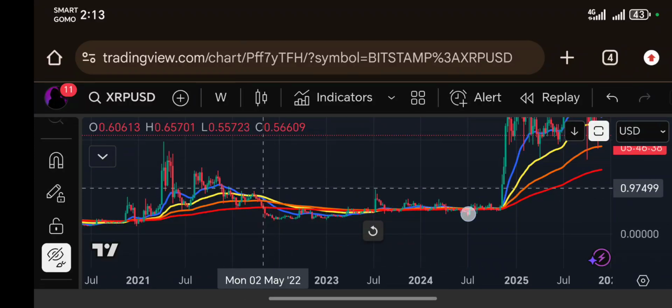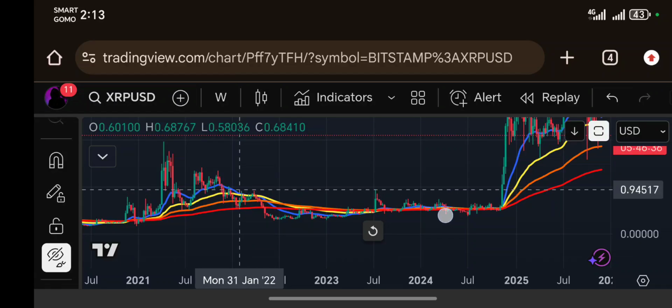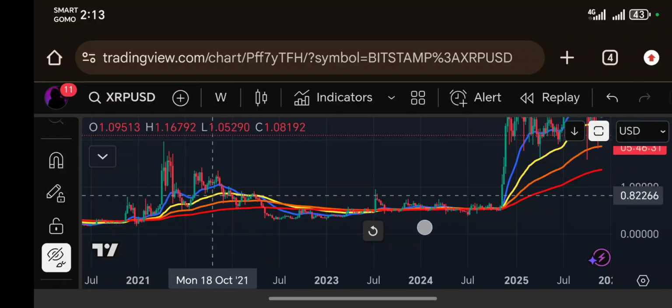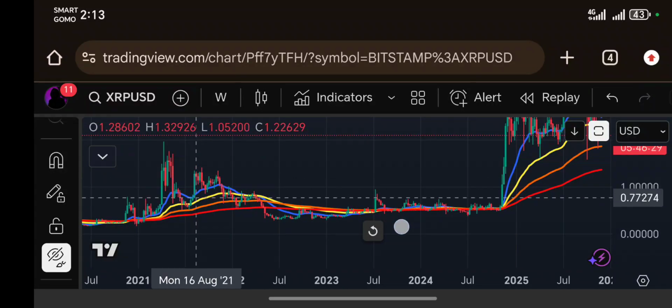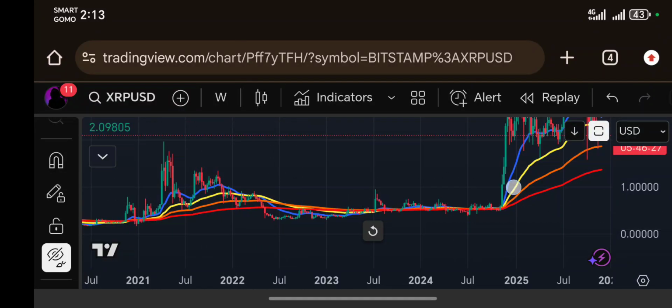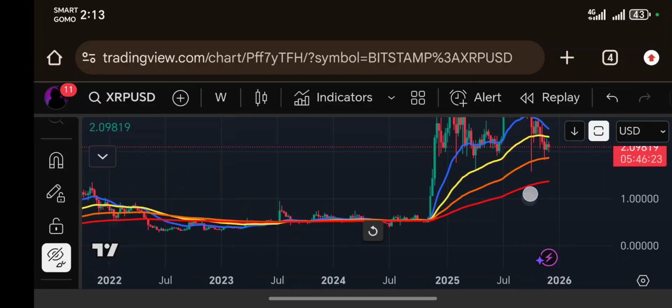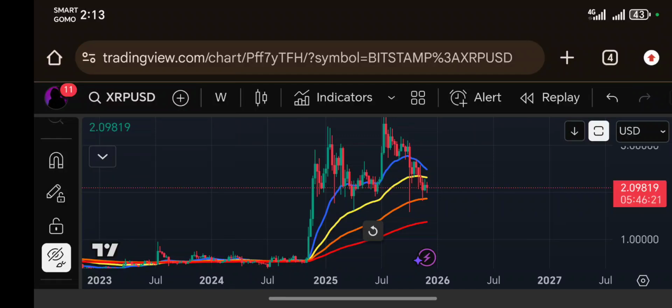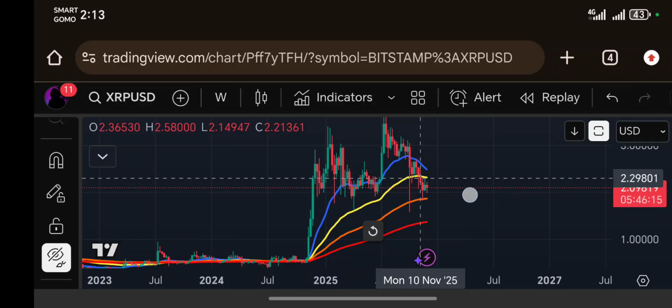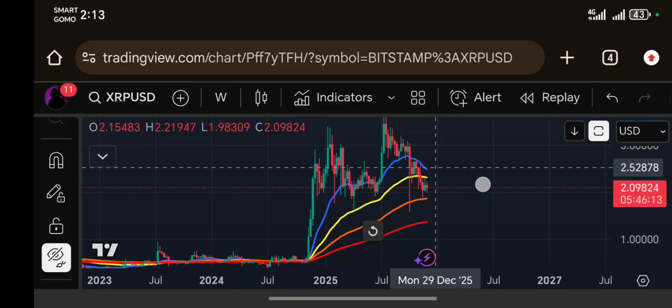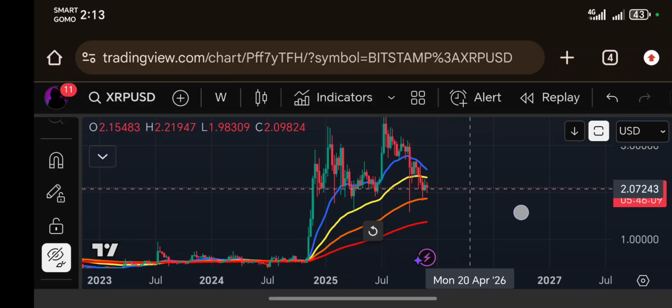Don't forget the monthly MACD printed the death cross, and these EMAs are aligned with the EMAs of the bear market. So don't get hyped. My hopeful possible scenario in here is that we bounce off first to this 2.5 level area before we drop to the bear market.